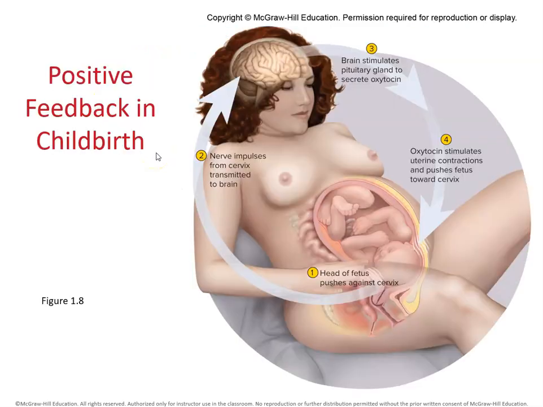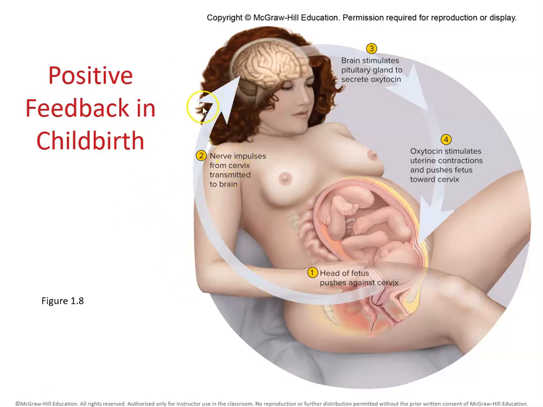Okay, so if we have this picture of a woman who is in the process of having a baby, in a normal situation, the baby's head is pointed downward towards the cervix and is pushing against the cervix. And with every contraction, the head pushes against the cervix.